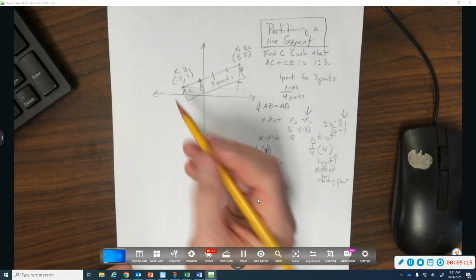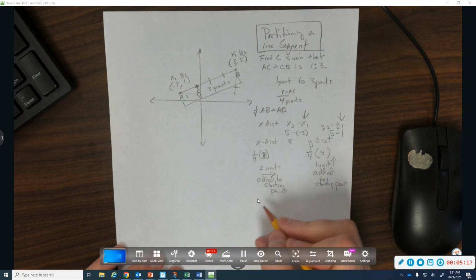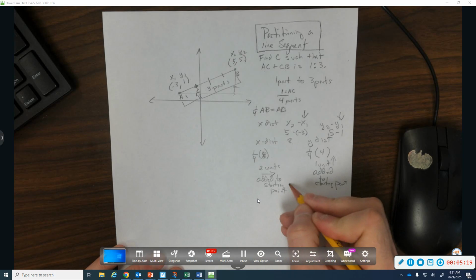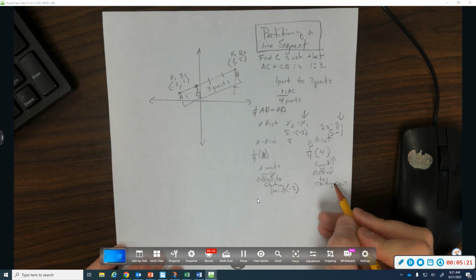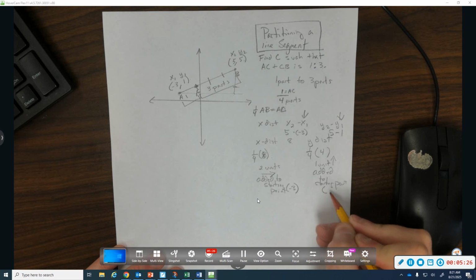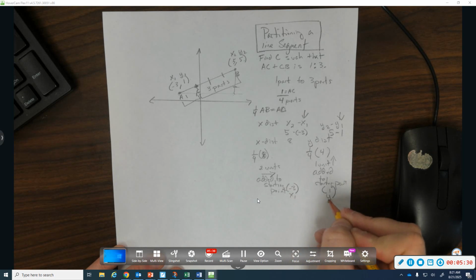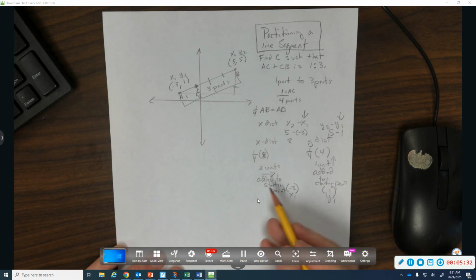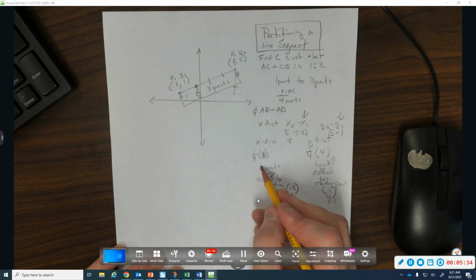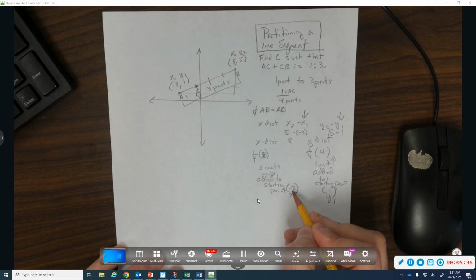If I'm coming from A, my starting x is -3, and my starting y is +1, because that is x1 and that is y1. So I take the 2 units and add -3, right?